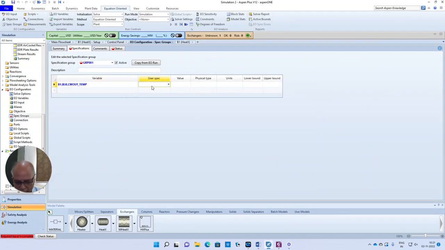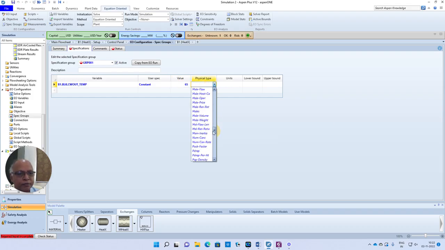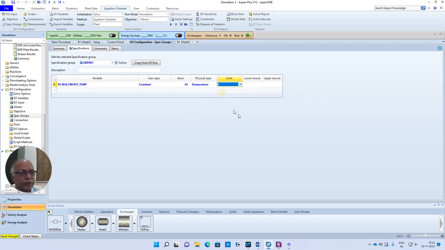User spec, instead of calculated, I wanted to provide this value as input. Value is 65 degrees Fahrenheit. The type of variable is temperature. Units degrees Fahrenheit.